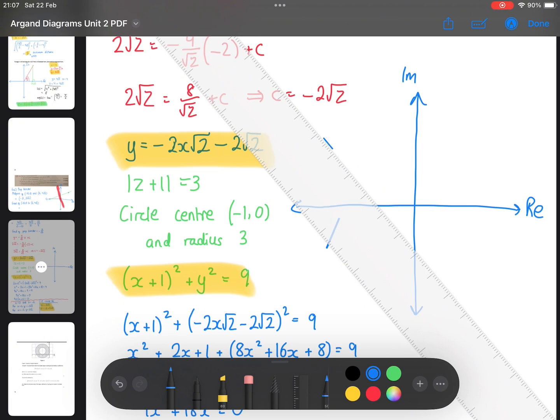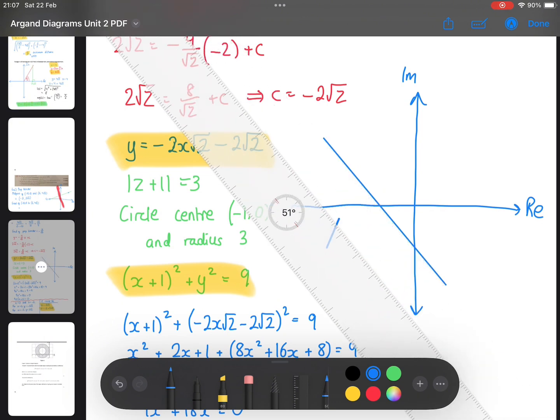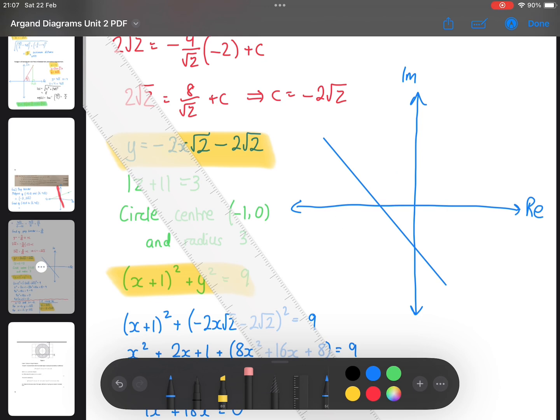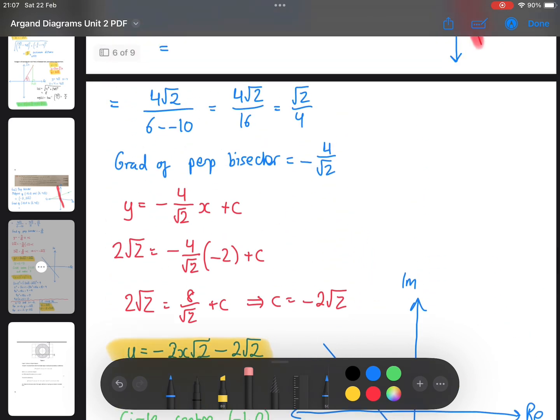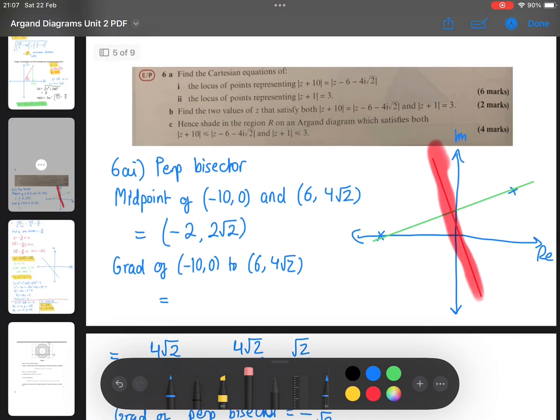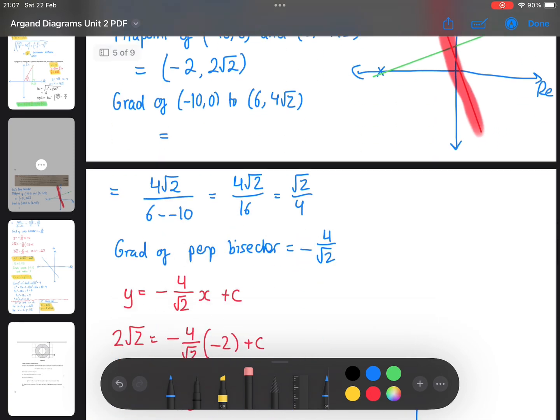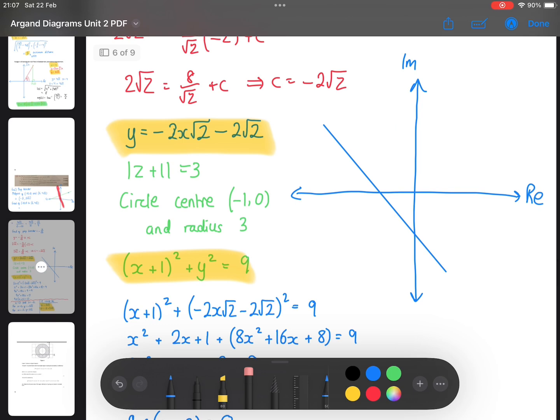So we draw a line along here, and that's the perpendicular bisector. But we've been told that it needs to be closer, essentially, to z plus 10. It needs to be closer to the minus 10 than the 6 plus 4i root 2 because of that inequality sign. So if this was an inequality on its own, we're looking for this section here, this side of the perpendicular bisector.